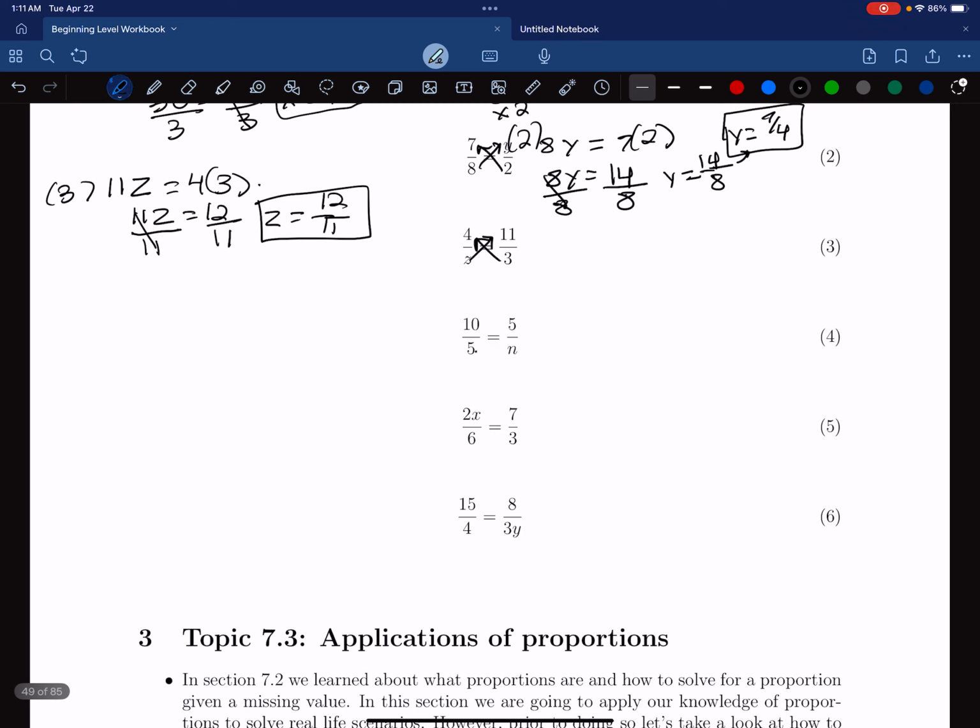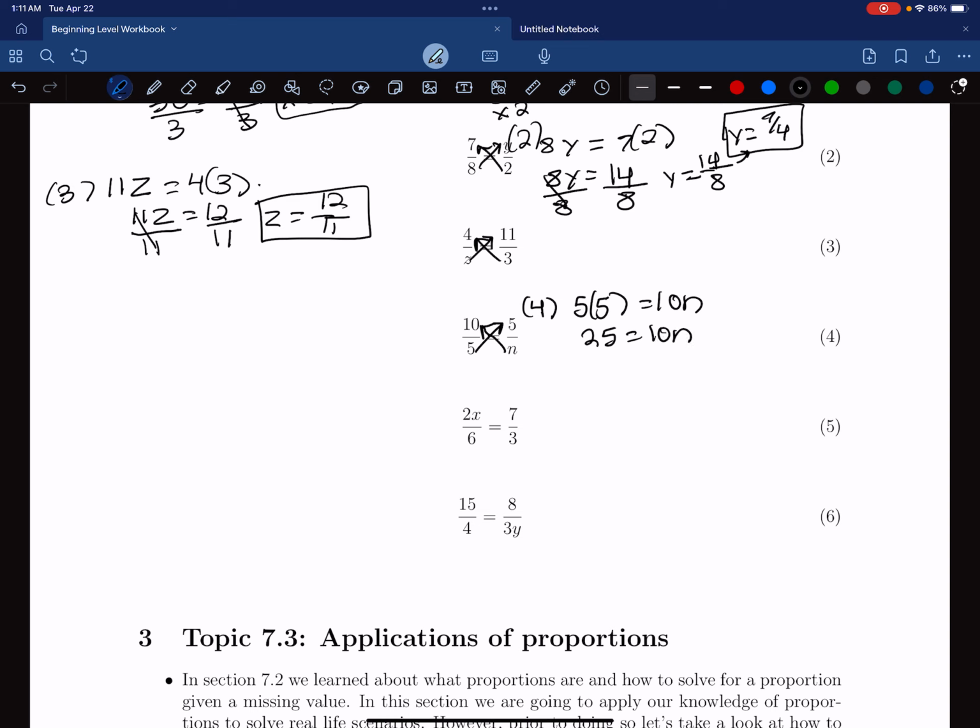Looking at this example, let's cross multiply, or example 4. Write that over here. So we're going to get 5 times 5 equals 10n. So we're going to get 25 equals 10n.